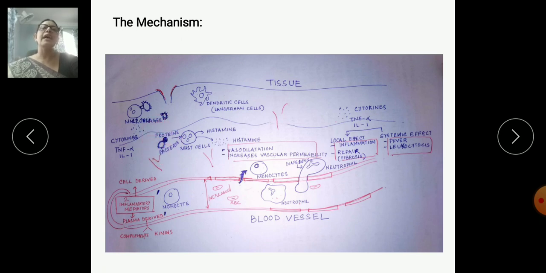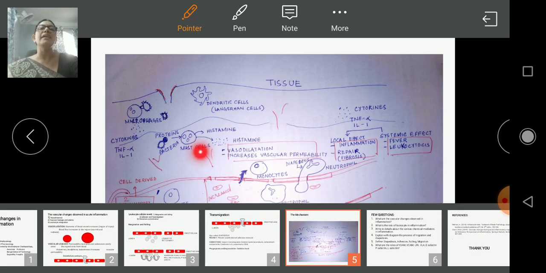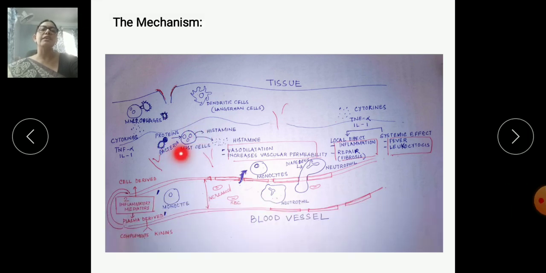The bacteria have a certain protein substance present on its surface. This protein attracts the mast cells. The mast cells are present below my cell surface or the tissue surface, and this protein gets attracted towards the mast cells. Once it joins the mast cells, it releases histamine.